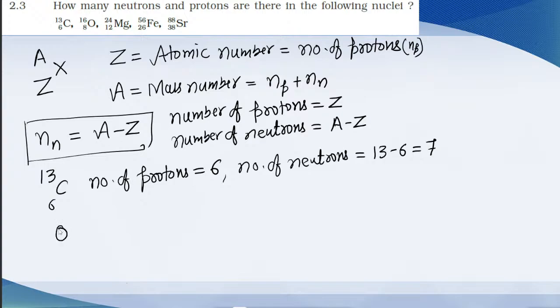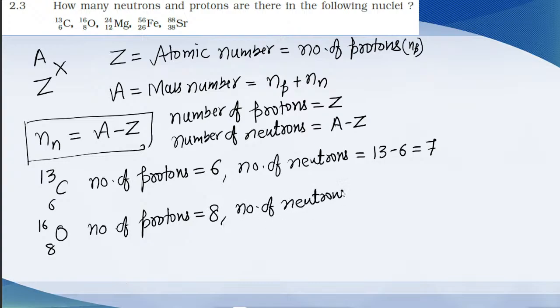Second is 8 O 16. So again, tell me number of protons: 8. Number of neutrons, yes, because it's 16 minus 8, is 8. Next is 12 Mg 24.